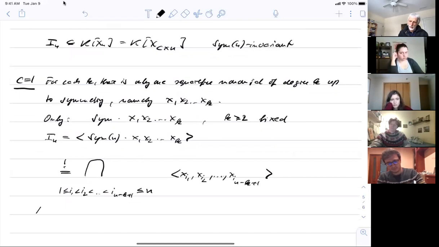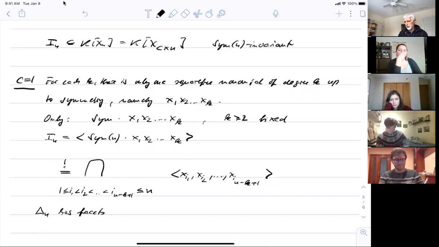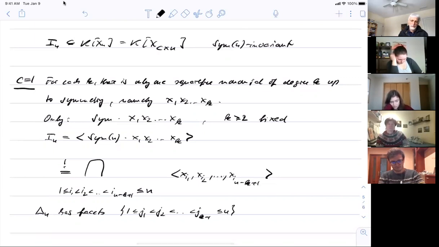So by the recipe above, the facets of the corresponding simplicial complex are the complements. These ideals are generated by n minus k plus 1 subsets, so the facets correspond to k minus 1 subsets of the set from 1 to n.